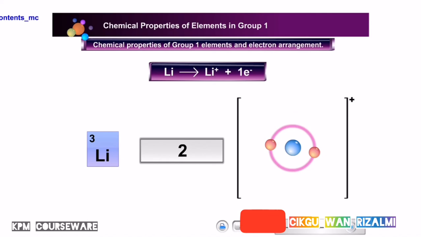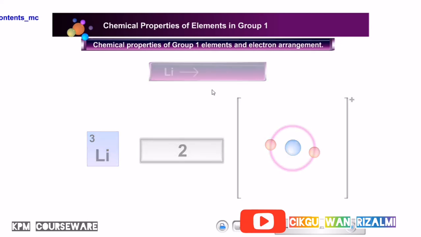During a chemical reaction, lithium donates this electron to attain noble gas stability. A cation, a positive ion, with a charge of +1 is formed.